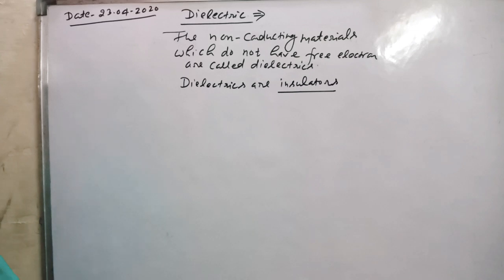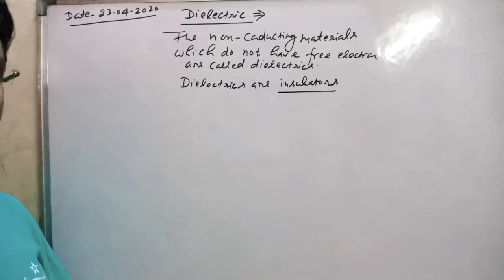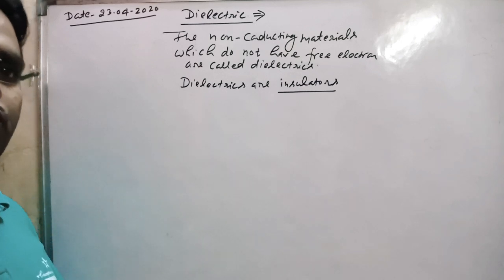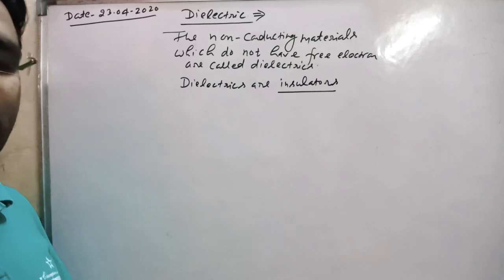If a dielectric is placed in an electrostatic field, then negative charge experiences a force opposite to the direction of the field and positive charge experiences a force in the direction of the field.